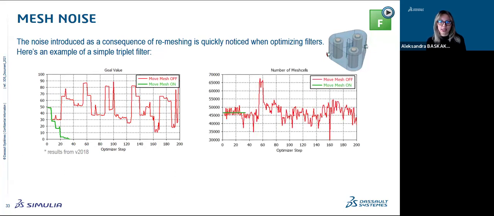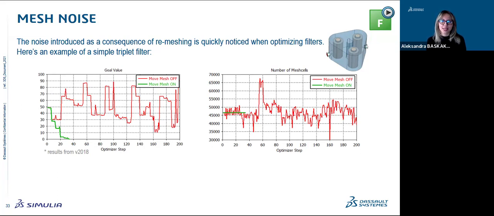Here, the x-axis corresponds to the optimizer step, and the y-axis is the goal value. The red line corresponds to the simulation with the moving mesh feature off, and the green line when it is activated.